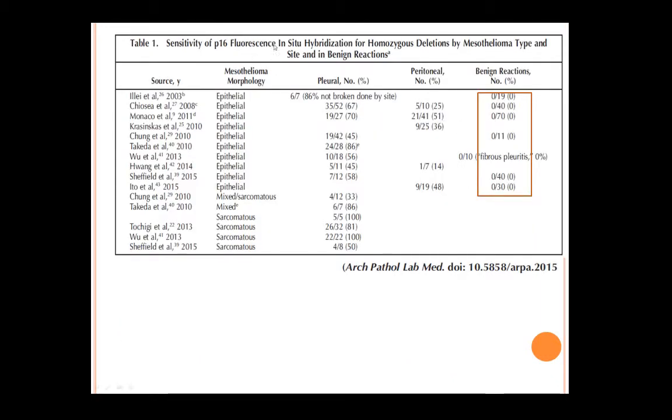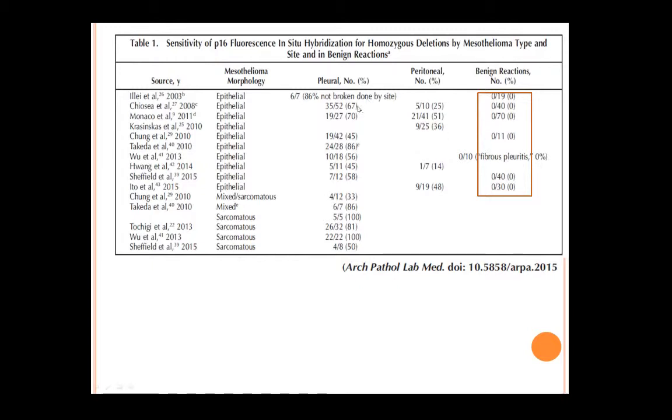In this article, they listed the studies which were performed on P16 loss by FISH, and as shown in the picture, from 220 cases of benign reactions, none of them showed P16 loss.